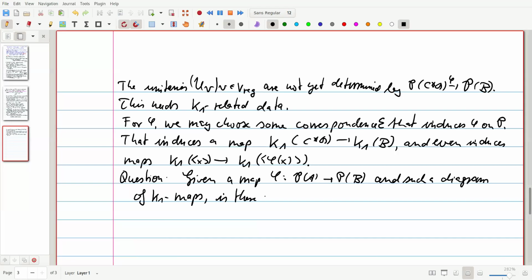Is there another C-star correspondence that induces both simultaneously?